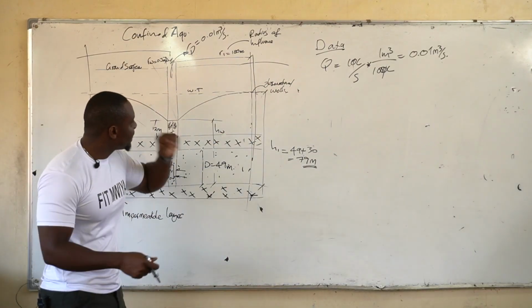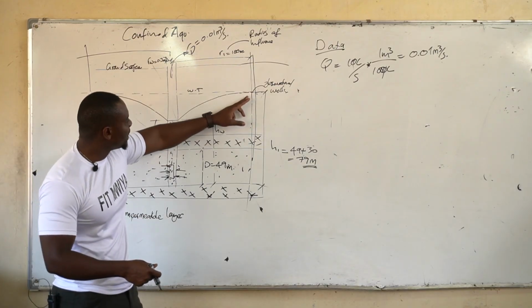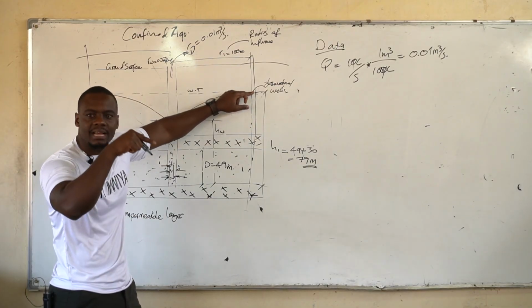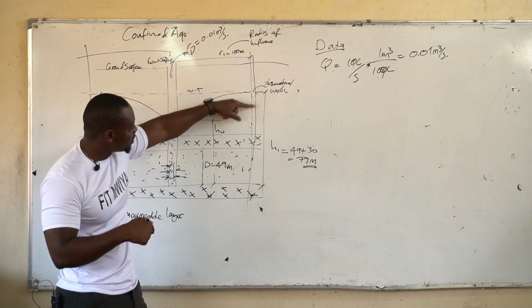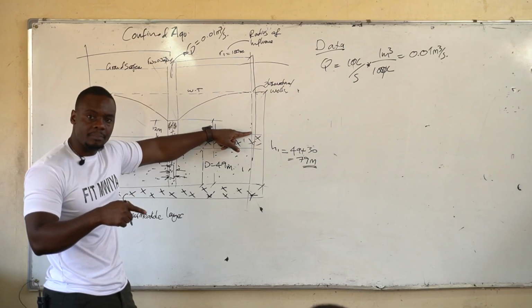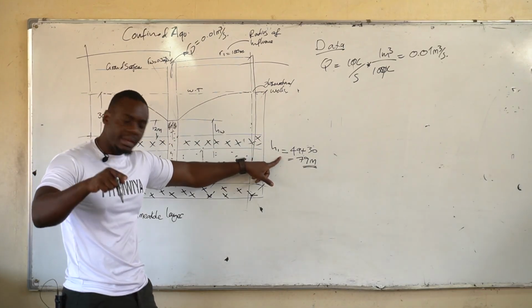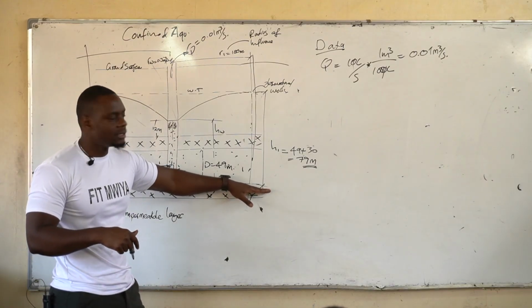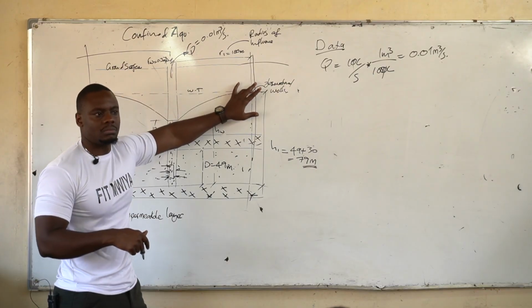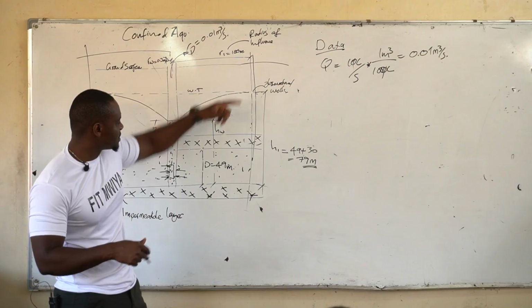So if they say that 180 meters water just about to fall, meaning we're still covered, we're just there at that point where it's about to fall, meaning the distance from the water table to the aquifer still remains the same. But you know that from the formula you need your H1, and your H1 always starts from the base of your aquifer to where the water table is. So we need to consider the whole lot of this.